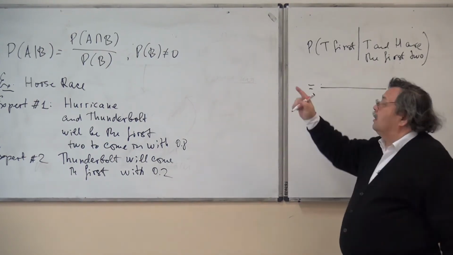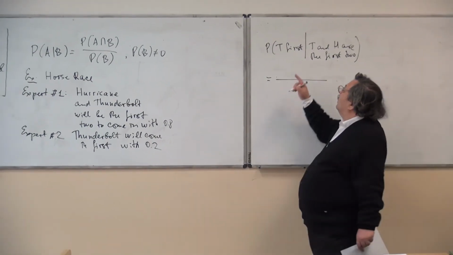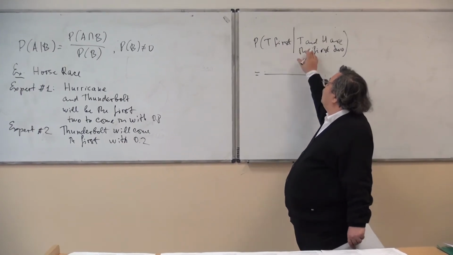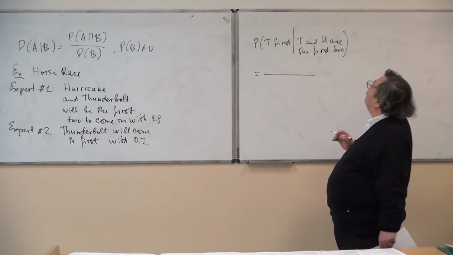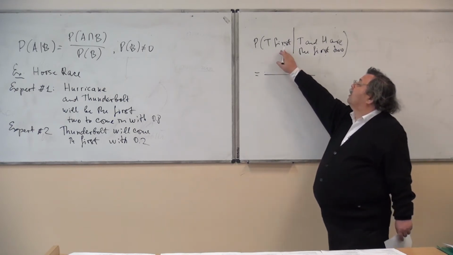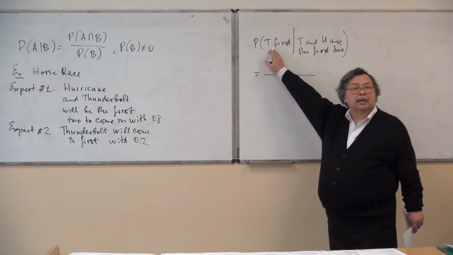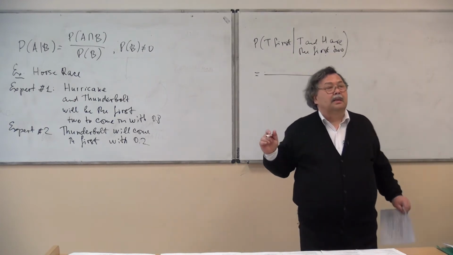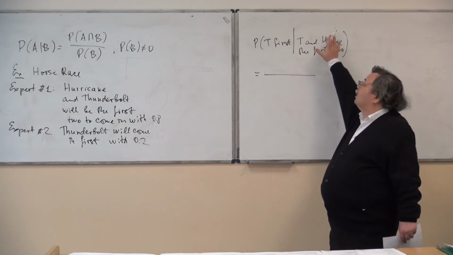What is the numerator here? The numerator is the intersection of the two events. The numerator here is the probability that both these events occur. But if we look closely, we will notice that the intersection of these two is just the same as this one event. In terms of sets, it means that this set is a subset of this larger set.